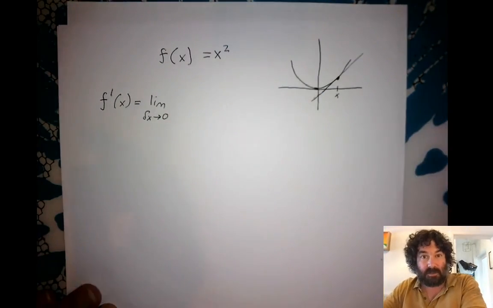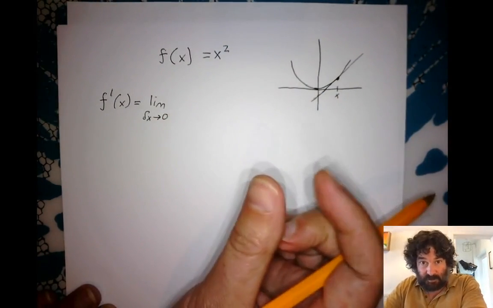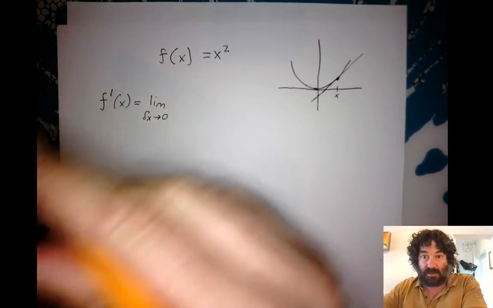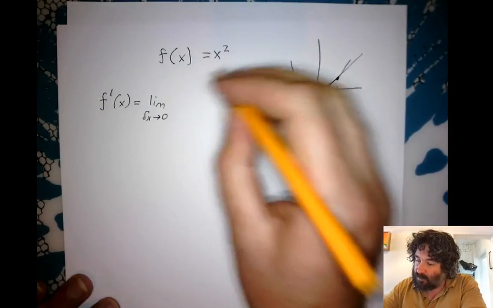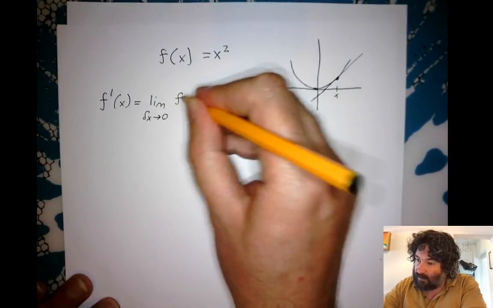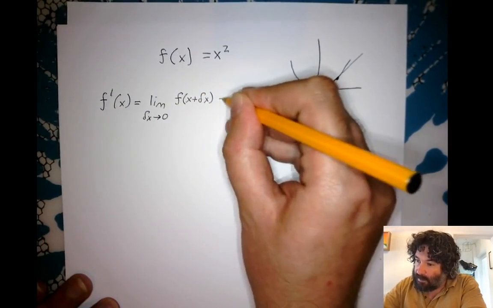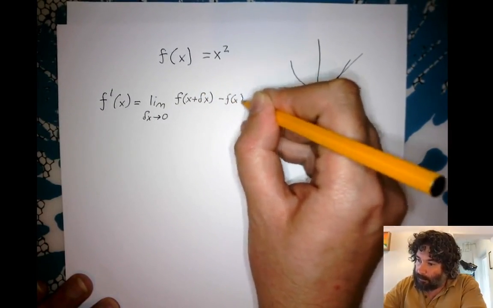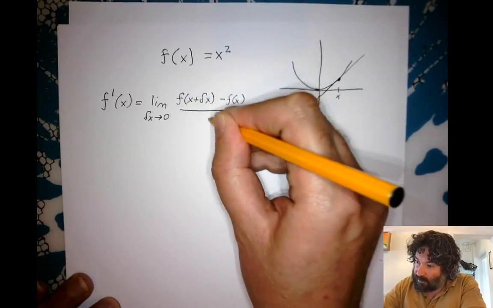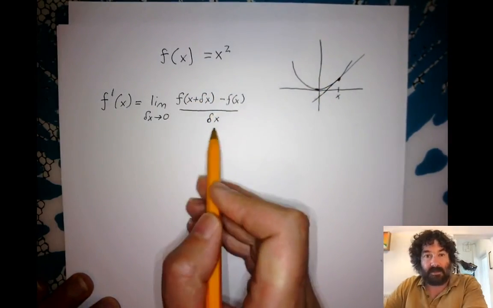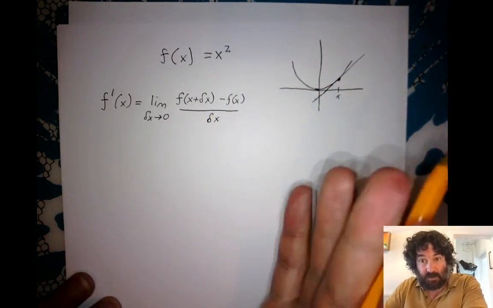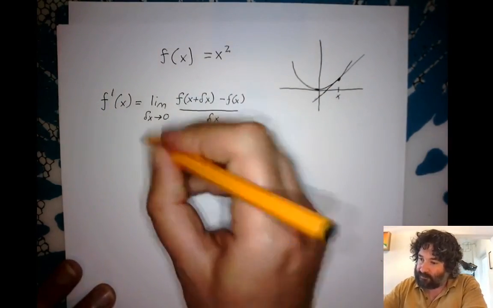So make delta x shrink smaller and smaller, and the limit as it goes to 0, you get the slope of the tangent line of f of x plus delta x minus f of x divided by delta x. So these are the slopes of the secant lines through 2 points in the graph.